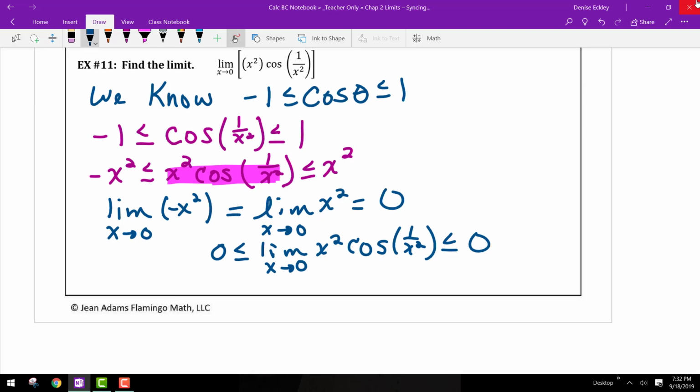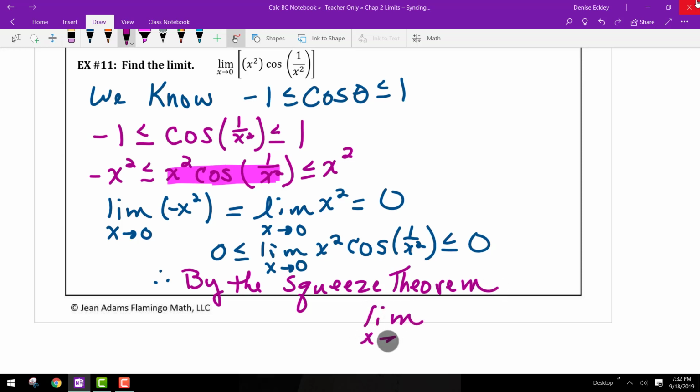Therefore, by the squeeze theorem, the limit as x approaches 0 of x squared cosine of 1 over x squared equals 0.